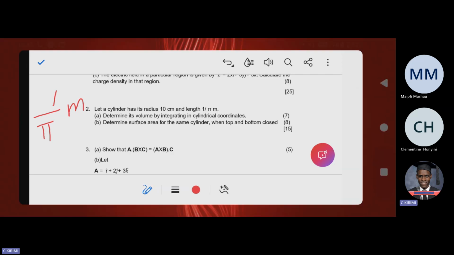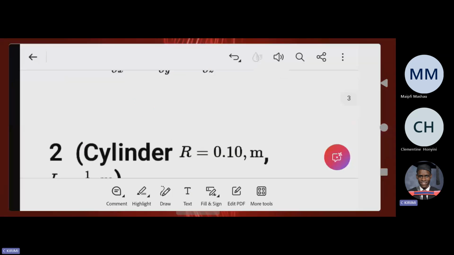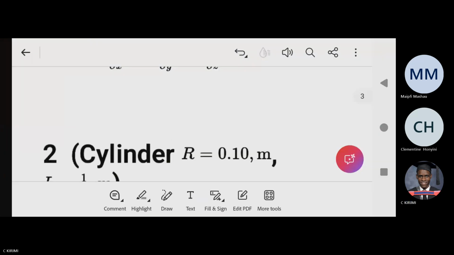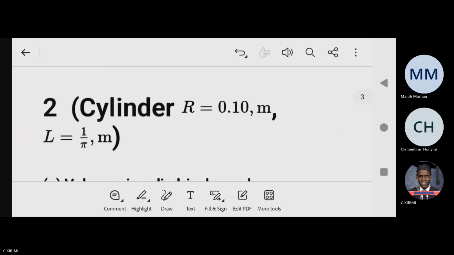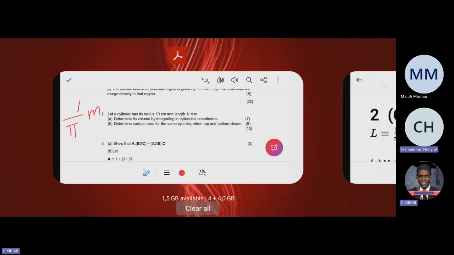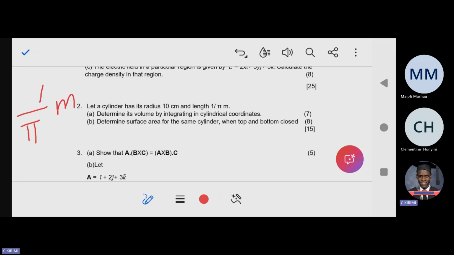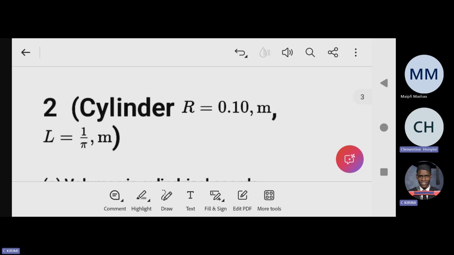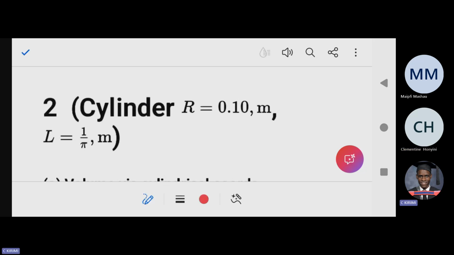All right, let's find the integrals. The radius, we are told, is 10 centimeters. Convert 10 centimeters to what? To meters. So 10 centimeters is 0.1 meters. Everyone should know how to convert 10 centimeters to meters.